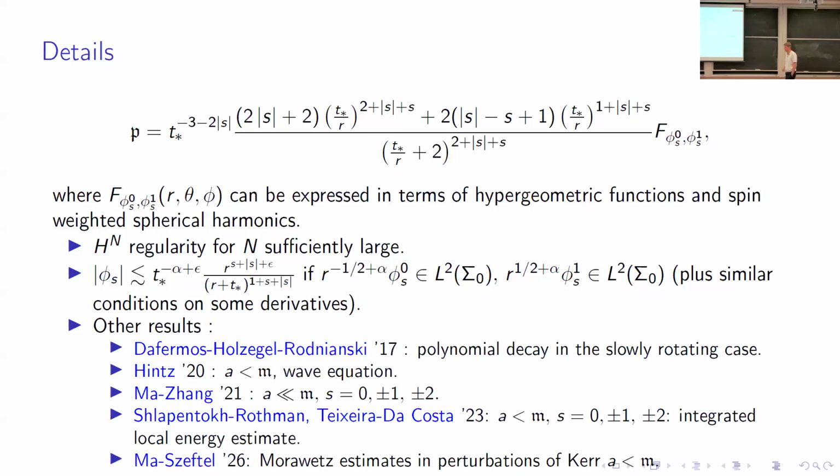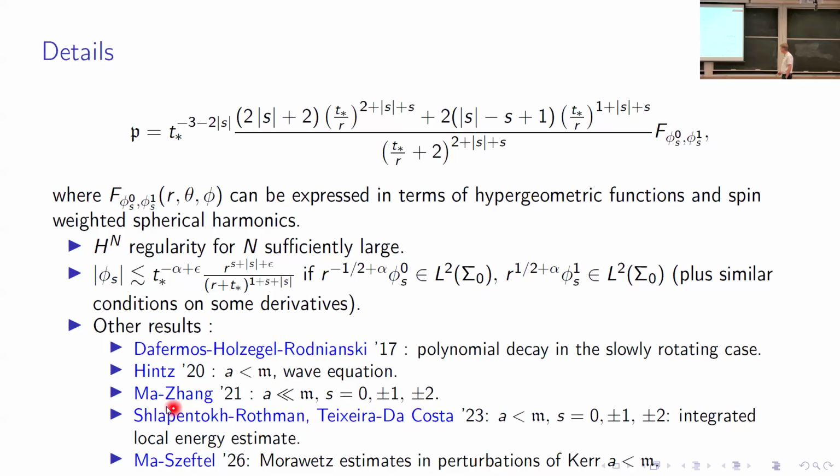I think the first result on that was by Dafermos-Rodnianski in '17, who gets polynomial decay in the slowly rotating case. This result is more or less written for the wave equation by Peter Hintz in the full sub-extremal case. Ma and Zhang get exactly this result for very slowly rotating black holes, but only for integer spin.